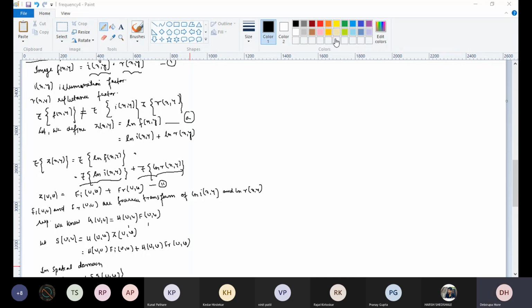Tomorrow I'll take the SE lecture, and DIP has been covered quite well today. The next thing is that we have to practice the coding. In the next class we will do the coding from this unit. We'll take up some coding problems and solve them, so keep your MATLAB handy so that you can do it along with me.